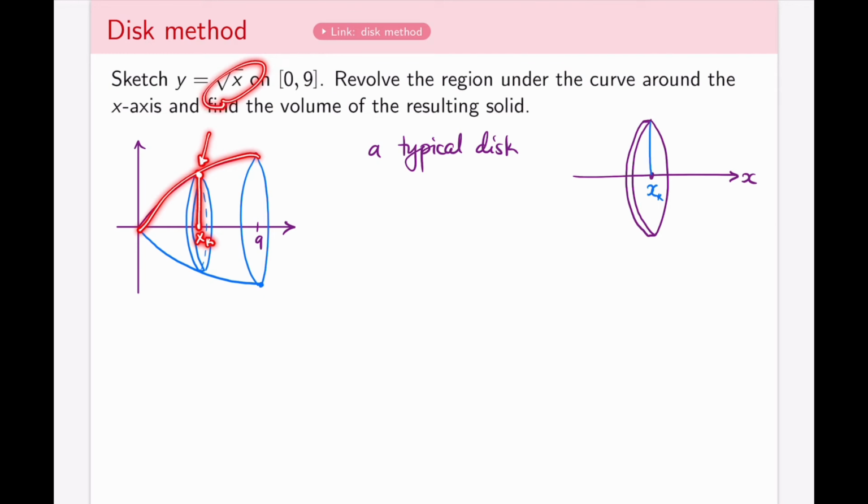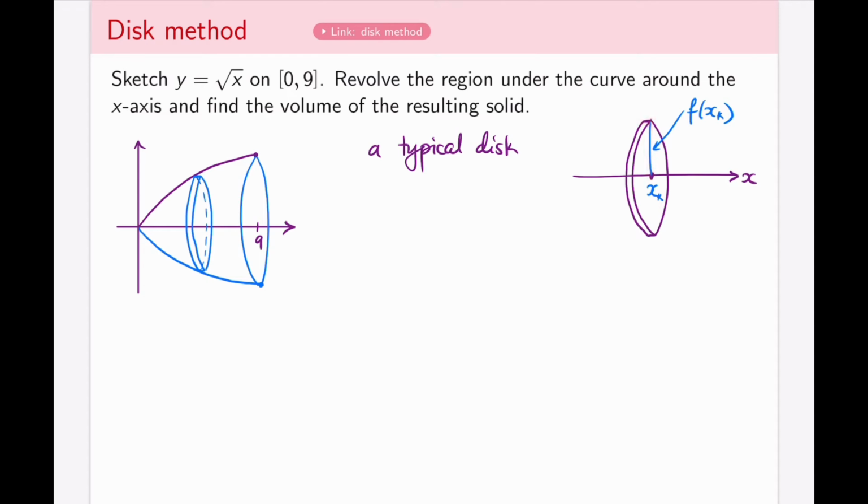So for me to figure out the height, this height right here, that simply corresponds to the y-coordinate of this point. And the y-coordinate can be computed by plugging in the value for x. So I note that for my height here, all I did was compute the function value at this point x.